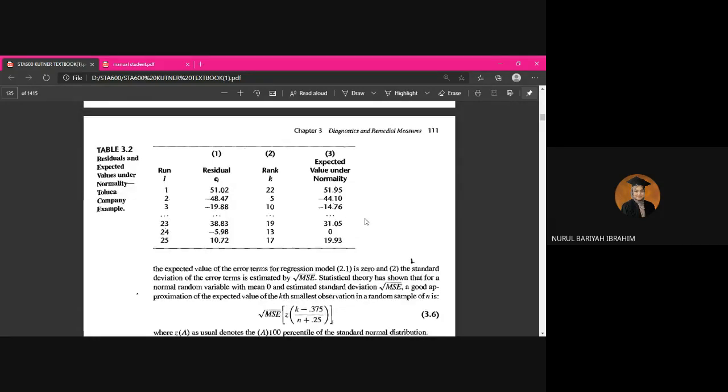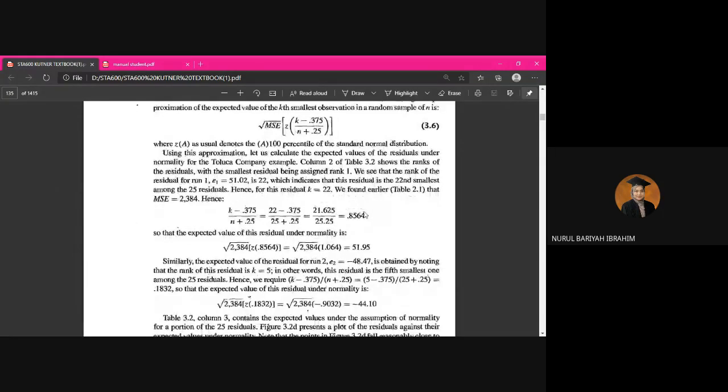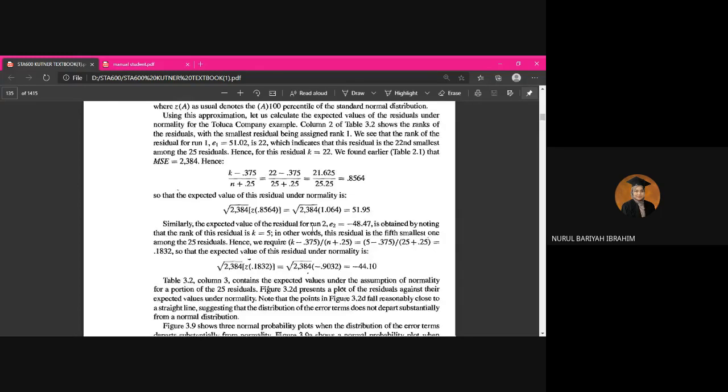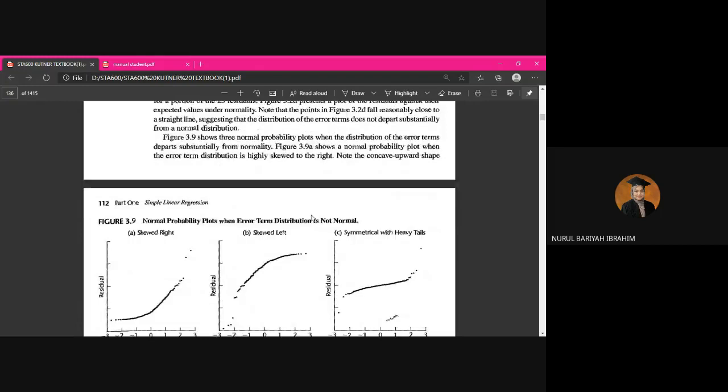But usually no need for you to draw the normal probability plot manually, because we can construct from the SPSS ataupun using the software which is the SAS guide. Okay, later I akan tunjukkan.